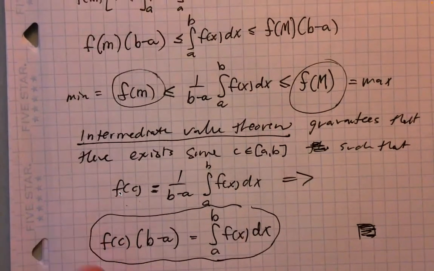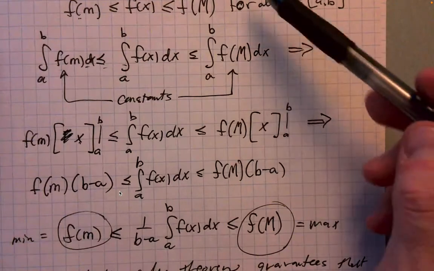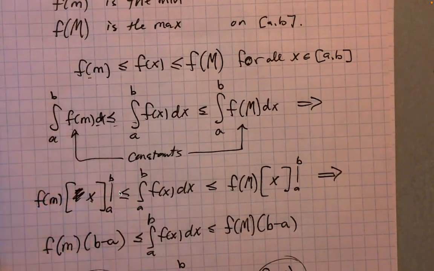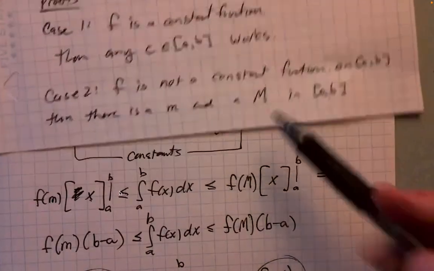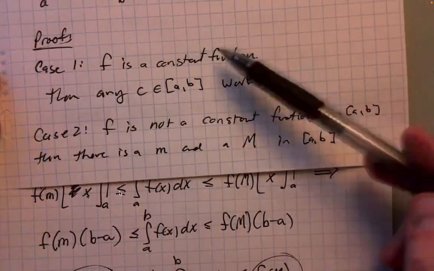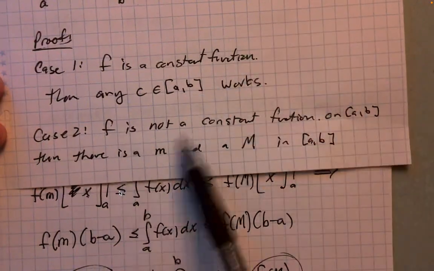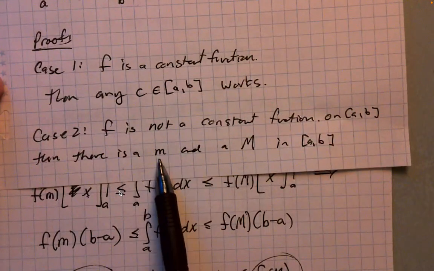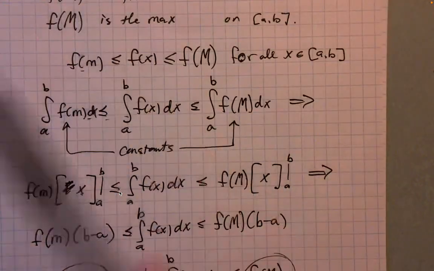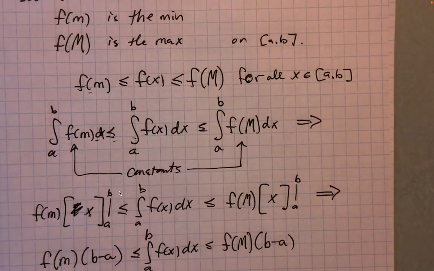So a beautiful proof. It's super intuitive, right? There's no part of this that requires an enormous logical leap, hopefully. You start with case 1, which is uninteresting. Case 2, f is non-constant. There's going to be some little m and some big M on that interval, such that f evaluated at those two values gives you the min and the max, respectively.